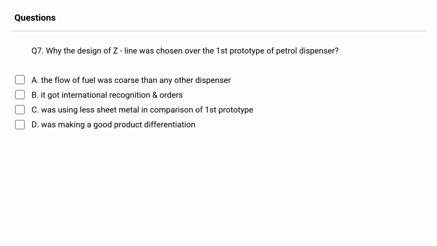Coming on to our seventh question, it says, why was the design of Z line chosen over the first prototype of petrol dispensers? The flow of fuel was coarser than any other dispenser. It got international recognition and orders, was using less sheet metal as compared to the first prototype, and was making a good product differentiation.